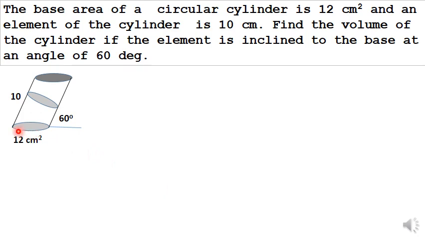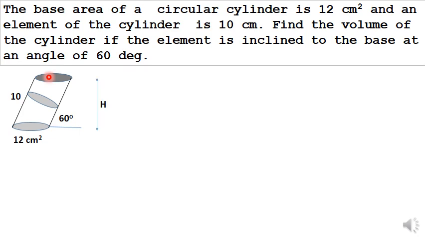The base is 12. The length of the element is 10, which is the slant height, and the solid is inclined at an angle of 60 degrees. We are asked to compute the volume.